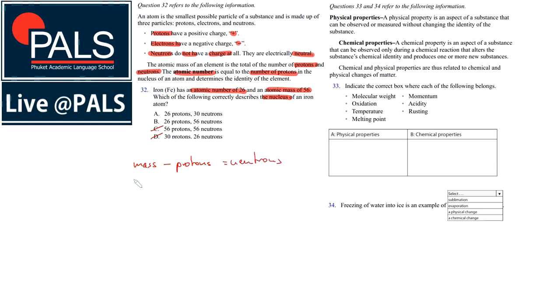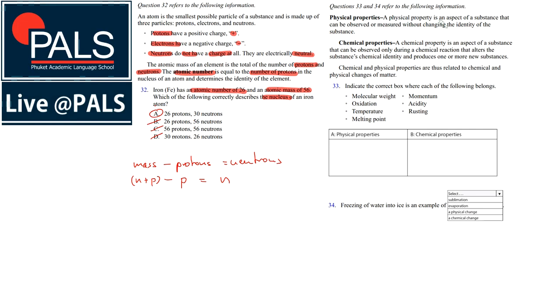Why? Because the mass is neutrons plus protons, so to get the number of neutrons we need to subtract the number of protons from that. P plus n minus p is n, the number of neutrons. So 56 minus 26 is 30, so the correct answer is A.